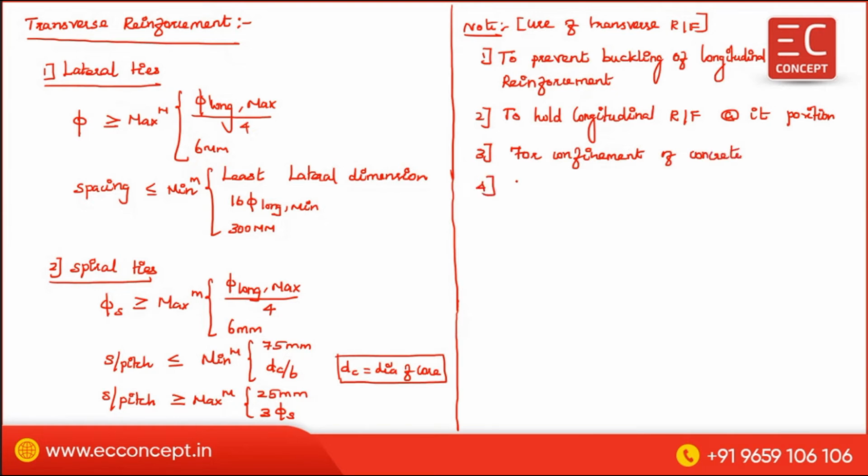Fourth one is enhancing resistance against shear and torsion. Okay, so these 4 points are the uses of the transverse reinforcement. Okay, now all about the spiral or helical column.